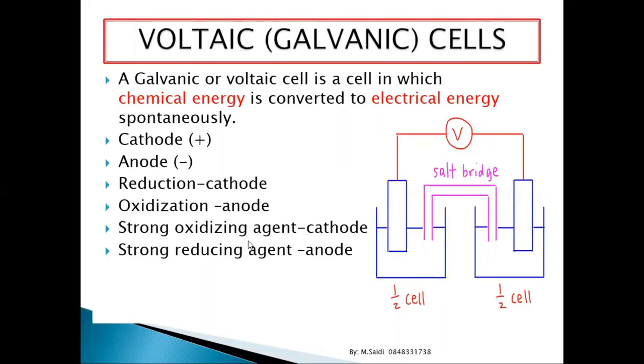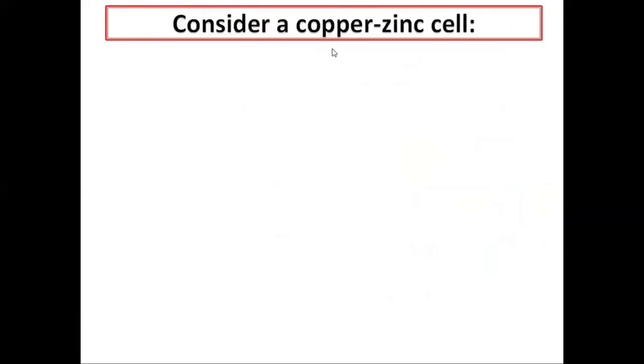Don't forget that. I'll tell you what it means. Red cat: reduction at the cathode. Now we are going to have an example.